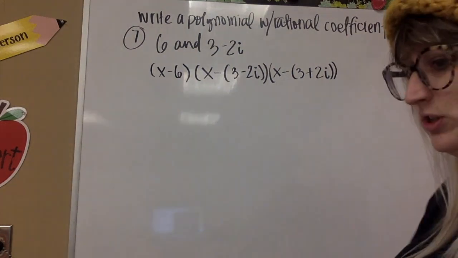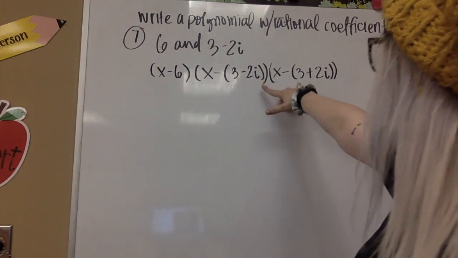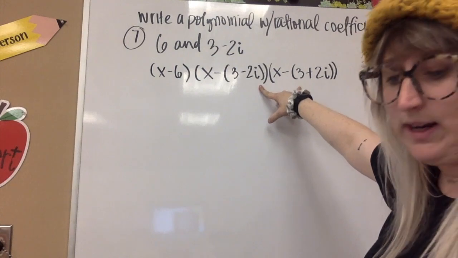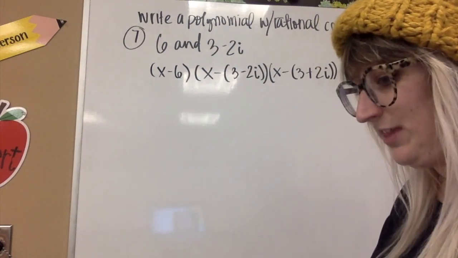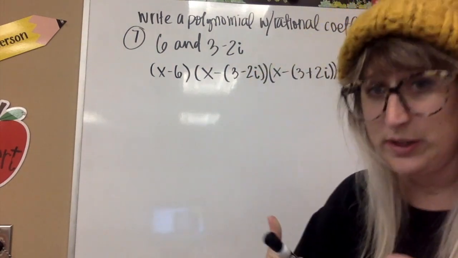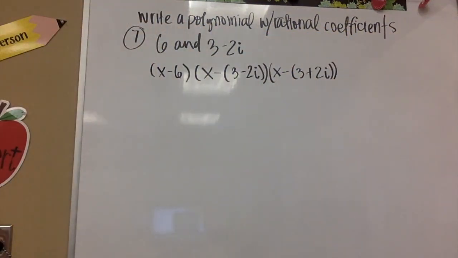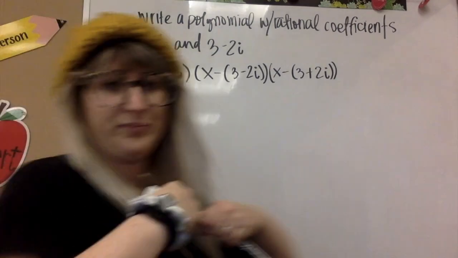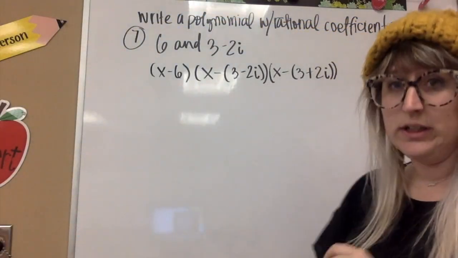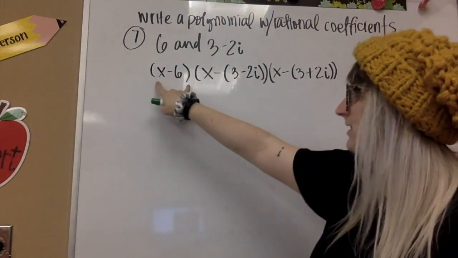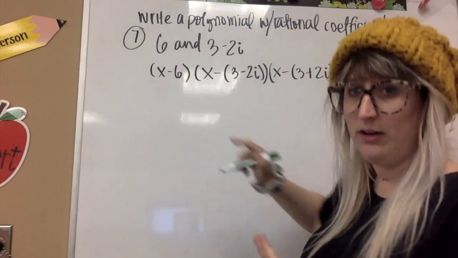So first thing I'm going to do is rewrite these 2 so that they become trinomials. I'm going to do them in a different color. The x minus 6, we're just going to leave it for right now.